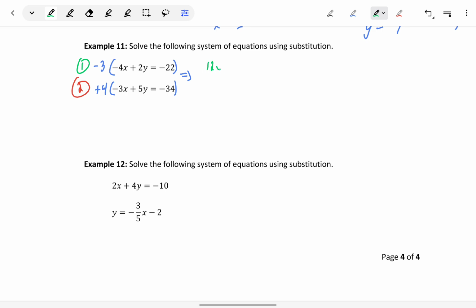So again, here we're going to end up with +12x minus 6y is equal to +66, and -12x plus 20y is equal to -136.